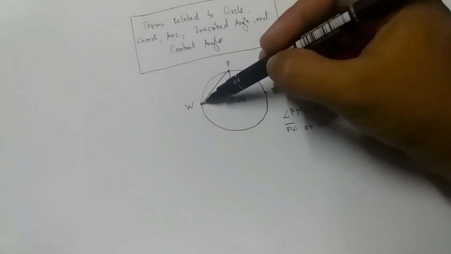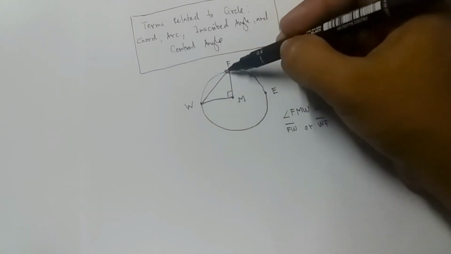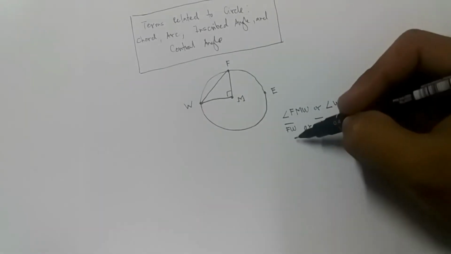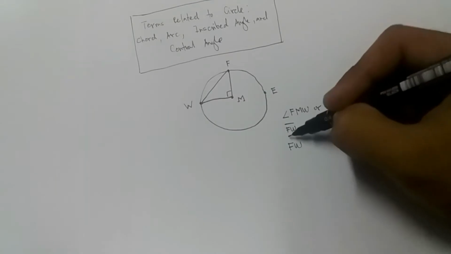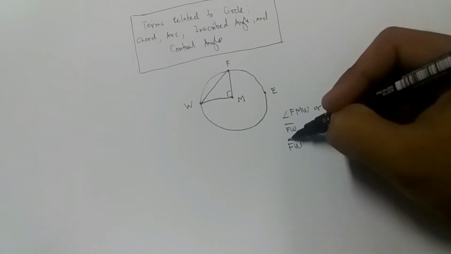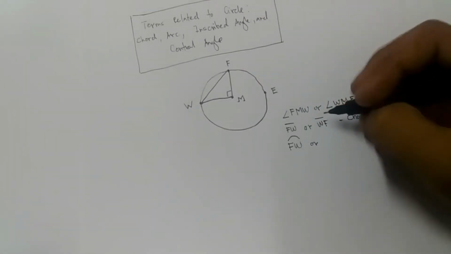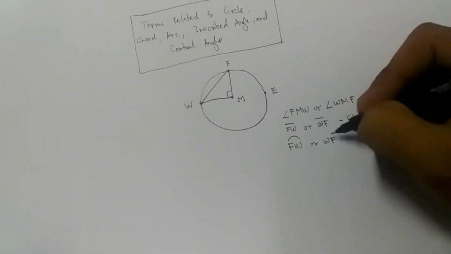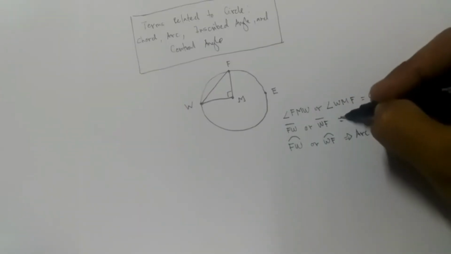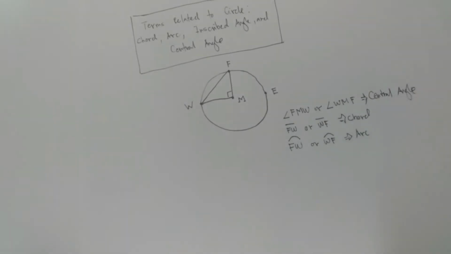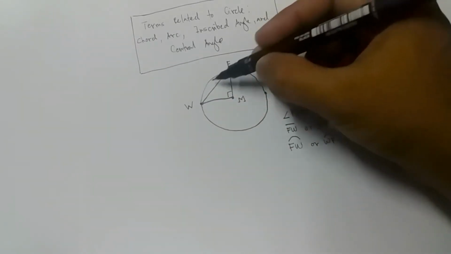So let's say FW is an arc because it is a curved shape and it refers to the distance around some part of the circle from point F to point W. Instead of a straight line, we use this curved symbol, arc WF. So we call this our arc. If you observe, this is a small arc.